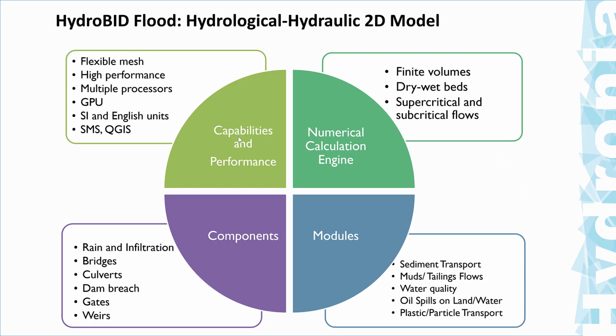Now, in terms of capabilities and performance, the model uses a flexible mesh. It's high performance because it can use GPUs, as we will see, to accelerate the computations with multiple processors. And it works in SI or English units, or imperial if you want to use the term.